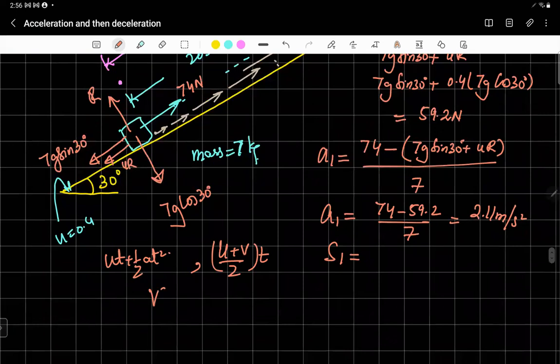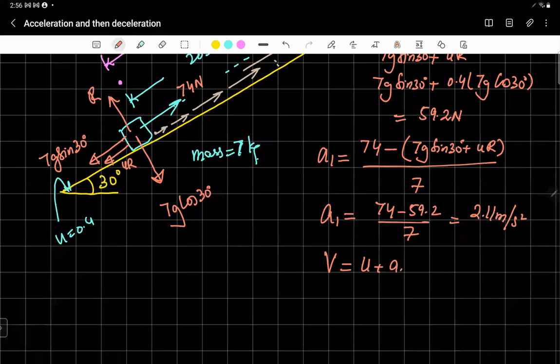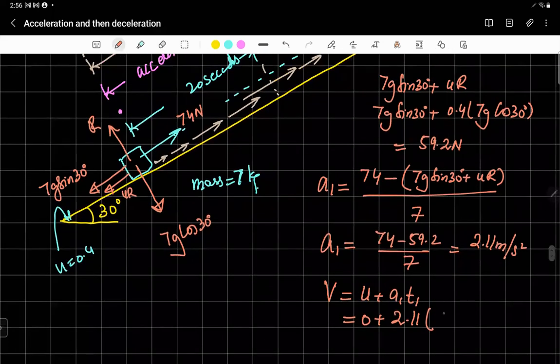Or you can use V square minus U square, oh, you haven't calculated final velocity yet. First of all, let us calculate that. V is equal to U plus A1 T1. Acceleration A1 is 2.11 and time T1 is 20 seconds. Please calculate it. 42.2 meter per second.